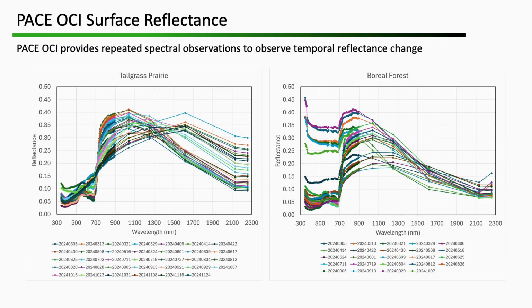What we get then from the PACE spectral reflectance data is time series of spectral reflectance, and these are two examples of 8-day average spectral reflectances over time at two different sites.